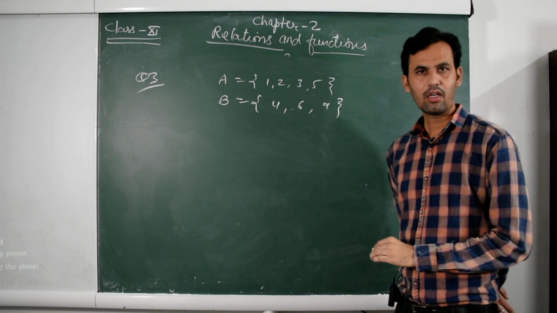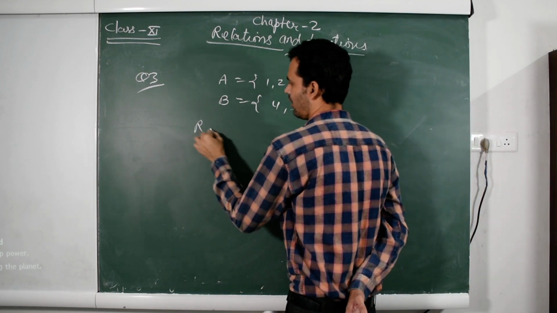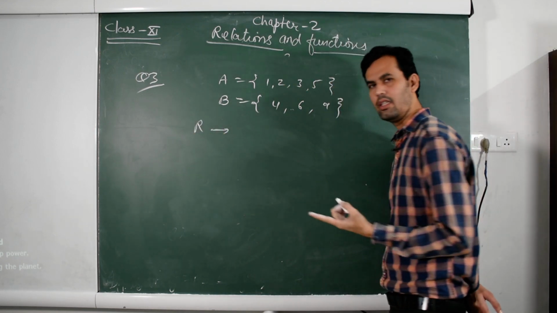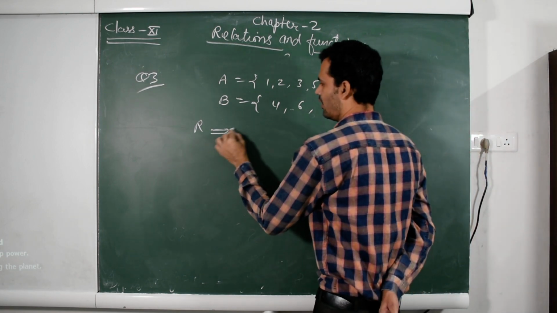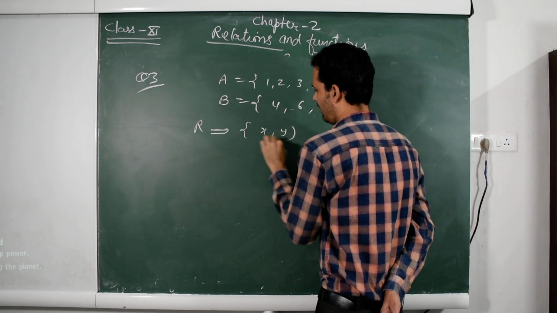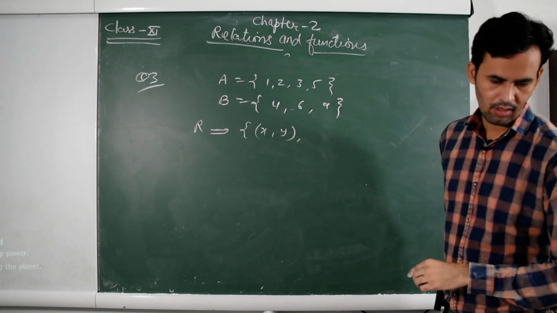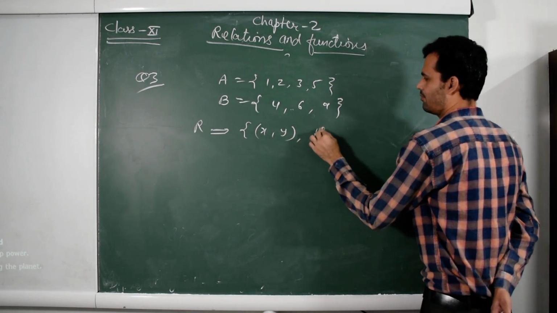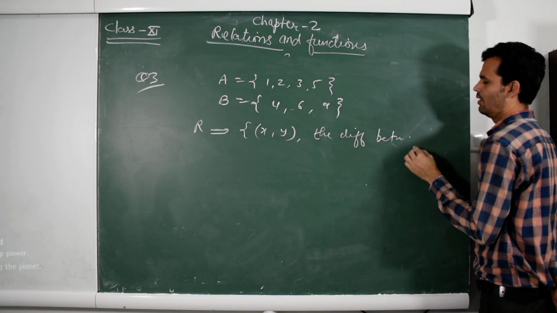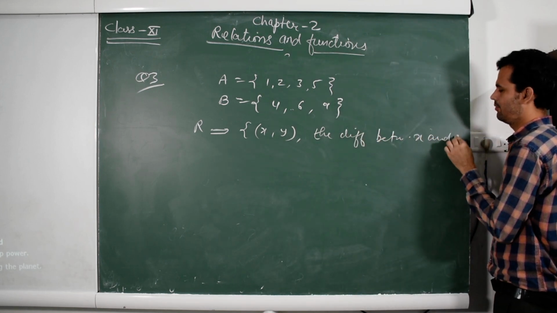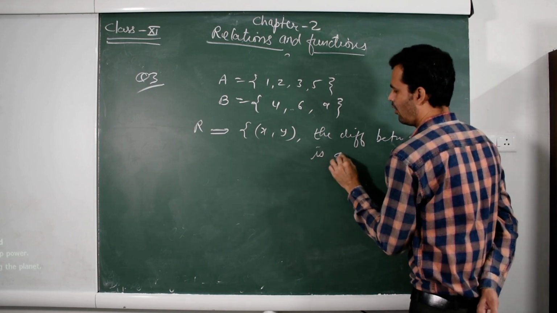Define a relation R from A to B by R = {(x, y): the difference between x and y is odd}.